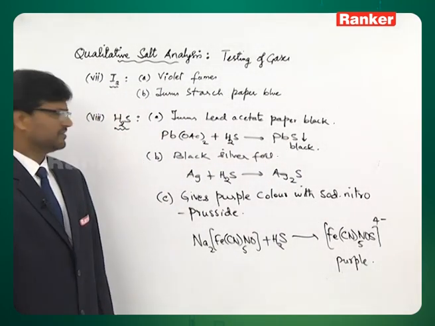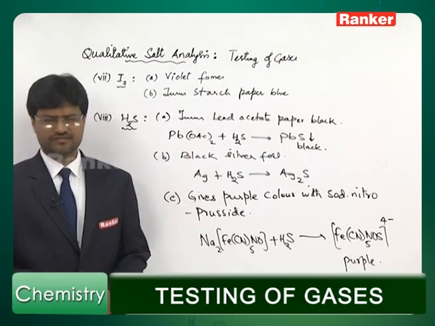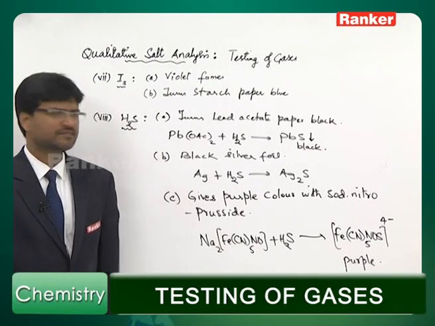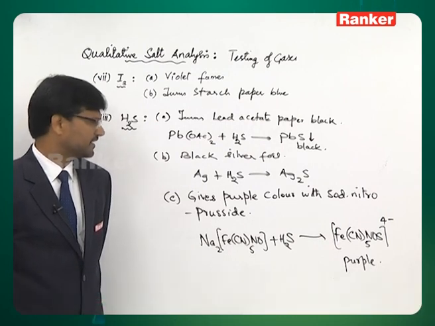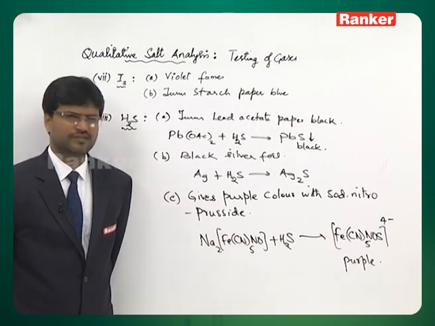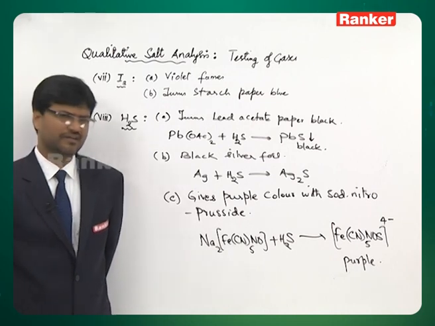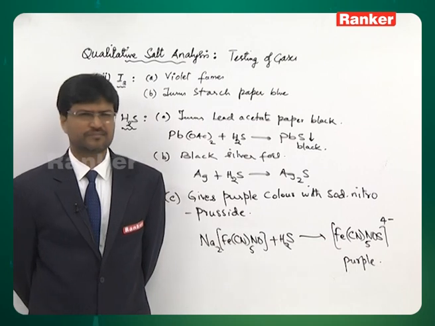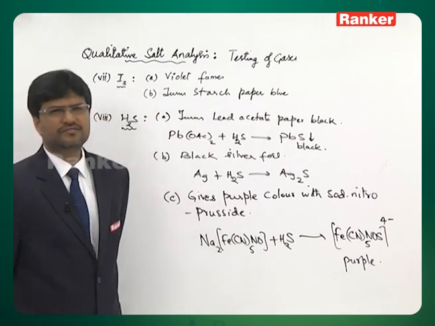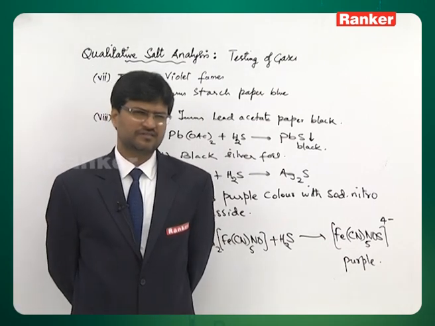So these are few important tests for H2S. H2S turns lead acetate paper black due to formation of lead sulfide. It gives black colored Ag2S when silver foil is introduced in a jar containing H2S, and it gives purple color with sodium nitroprusside. Well, with this we have come to an end of testing of gases.